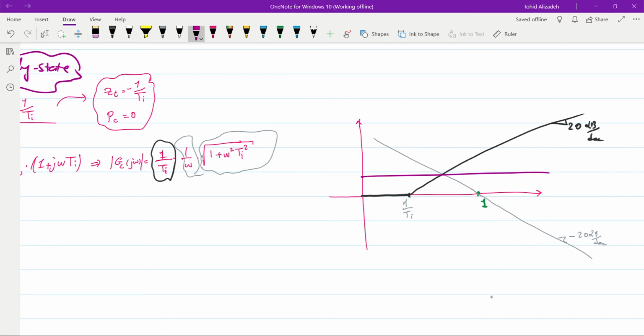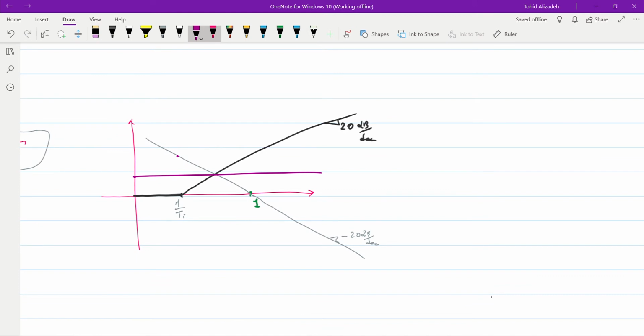If we add them to each other, we get the amplitude plot for the PI controller with the transfer function that we have given. Here we have omega and amplitude of Gc(j omega). So here we have 0 dB.